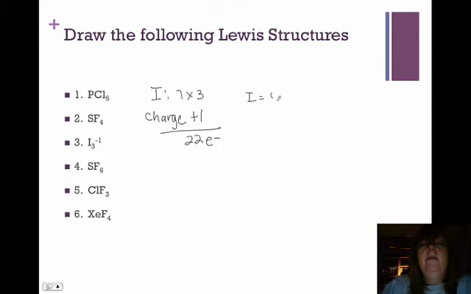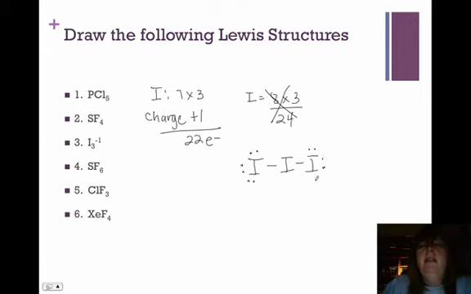Every iodine would love to have 8 valence electrons, so that's 24. When we take the difference, it's 1 shared pair. We can't hook 3 iodines together with 1 shared pair. That means that our central iodine is going to be breaking the octet rule. So draw your skeleton, give your terminal atoms their octet, and there we go.